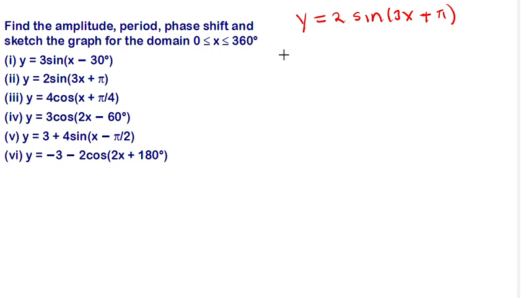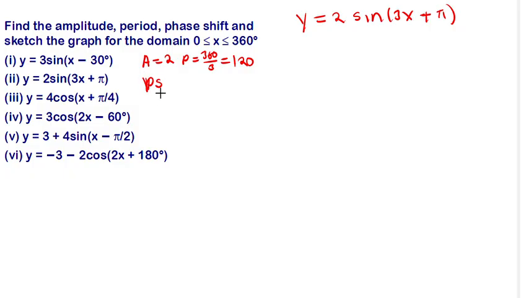So in that situation, what you need to take note of, what's your amplitude? 2. Then the period, 360 over 3. So you say 360 divided by 3. And the answer is what? 120. Right?